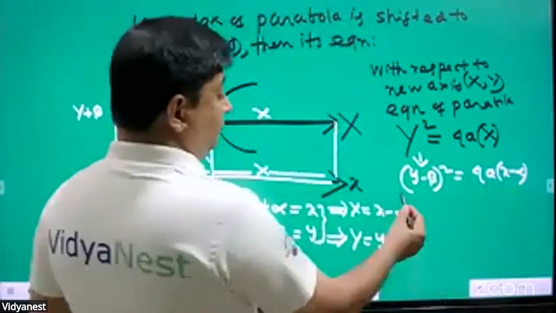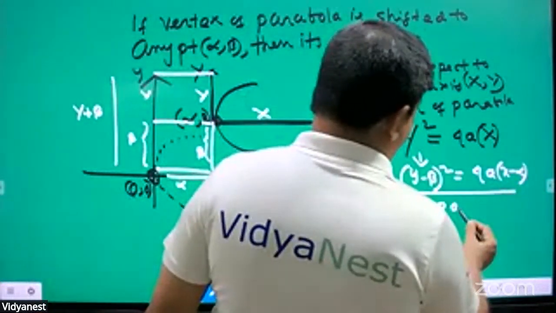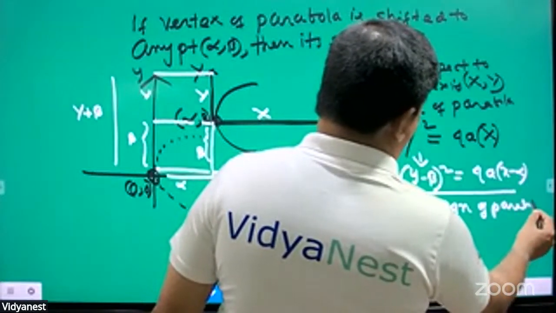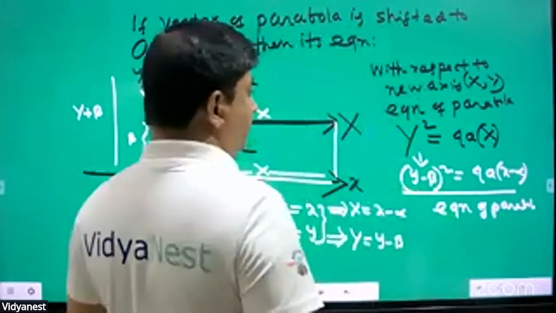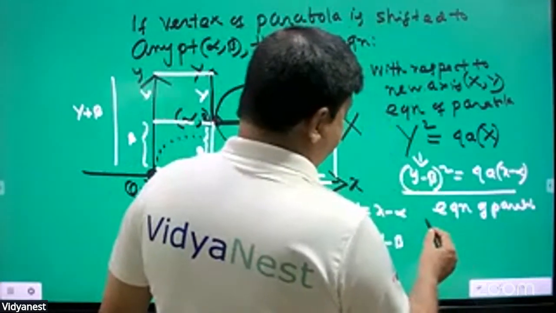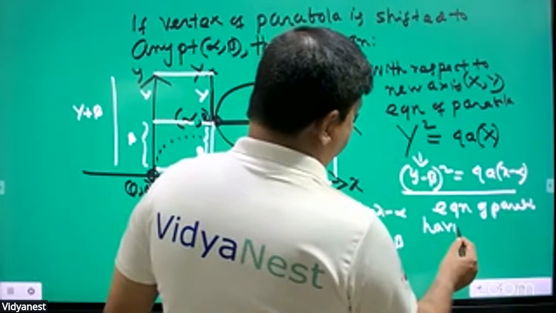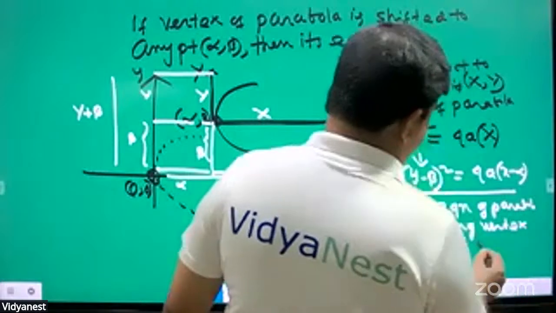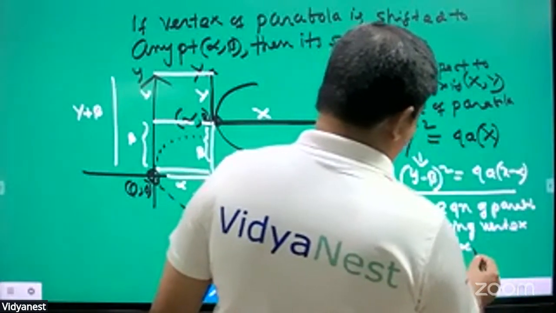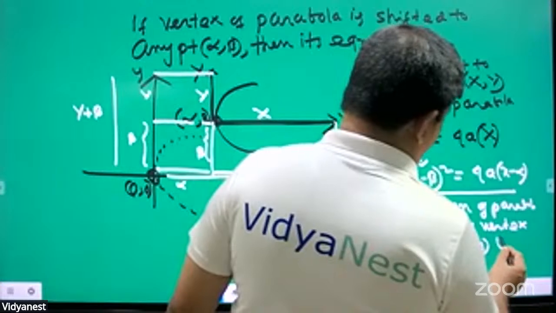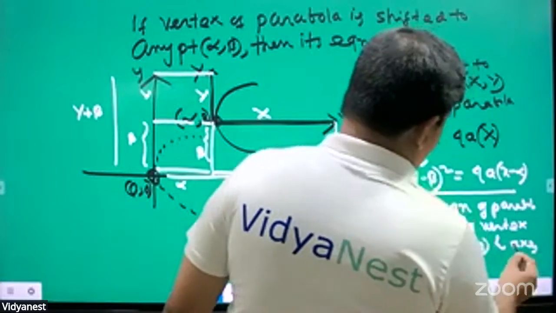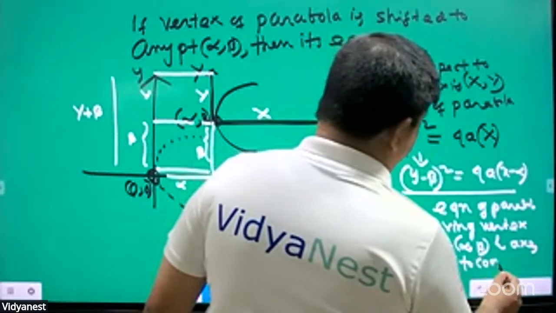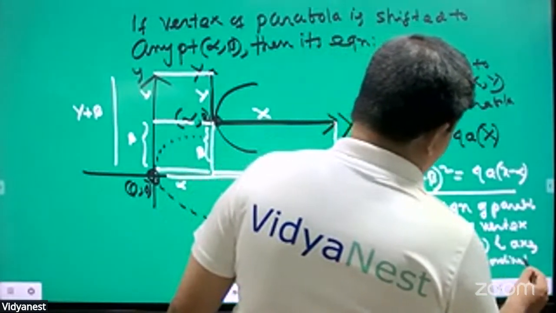So this is the equation of a parabola having vertex at alpha beta and axis parallel to the coordinate axis.